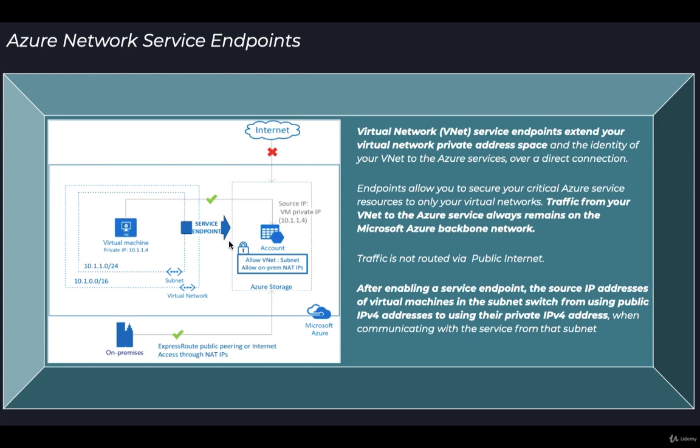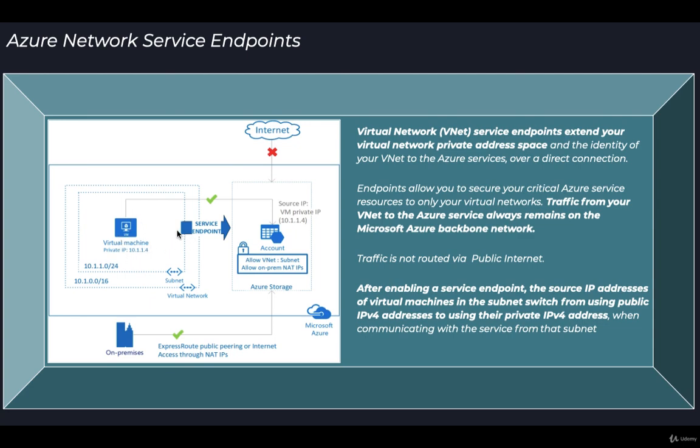We'll try to understand with the help of an example. You can see this particular virtual network we have, and within the virtual network we have this subnet wherein we have this virtual machine configured. Whenever we create a service endpoint, we attach it to that particular subnet which is configured in the VNet. So here we have configured a service endpoint which is attached to this subnet where we have configured one virtual machine.